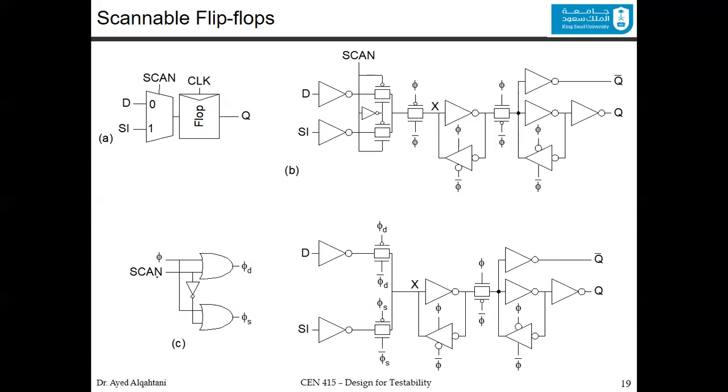If the scan is 0, now it's the other way around. You will have 0 here and 1 here, and you will actually select the clock to be phi D. Phi D will work, and the D will go inside. Now, this is the implementation of this circuit.